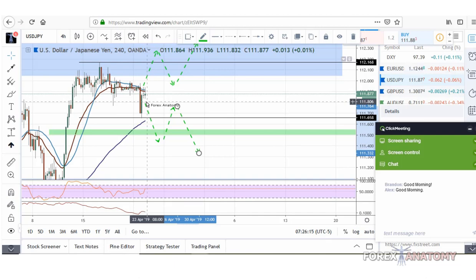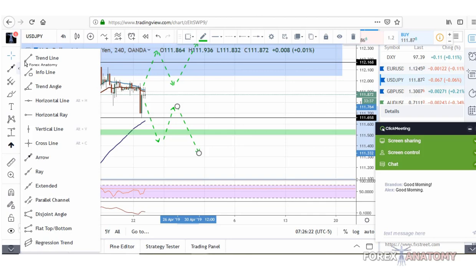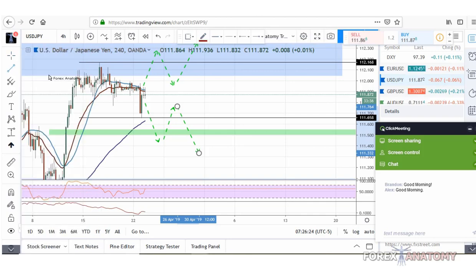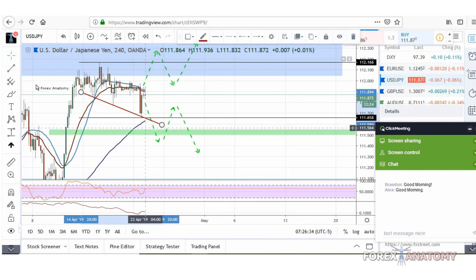And what we could see here, just like we mentioned before, is just a complex correction. And if you do draw this in, you can sort of almost see it. Let me just draw in these lows right here. And then from there, you can also draw in sort of like these highs to some degree.